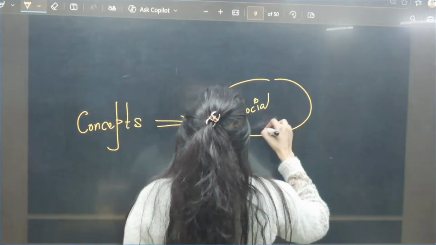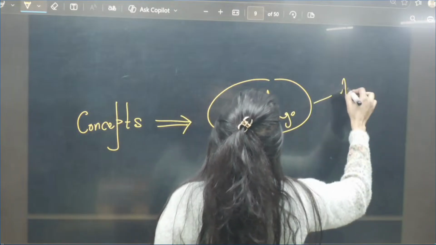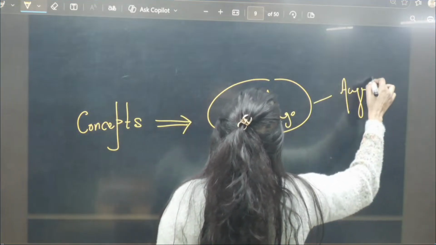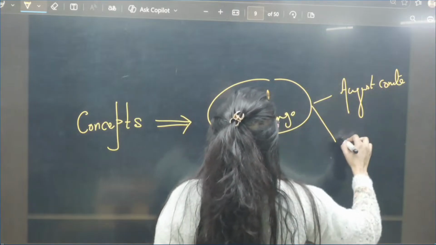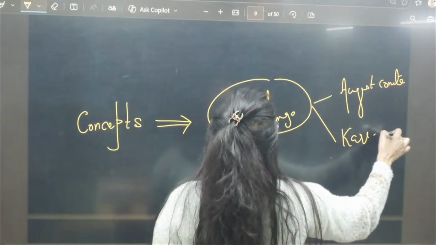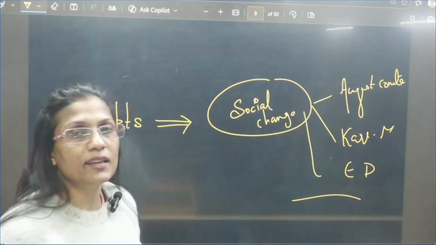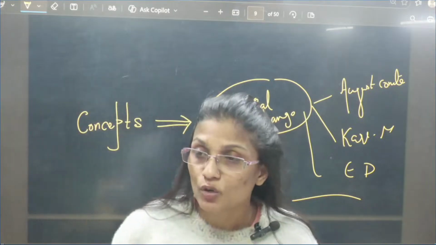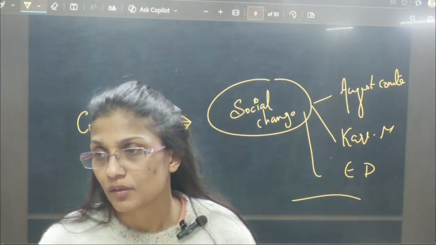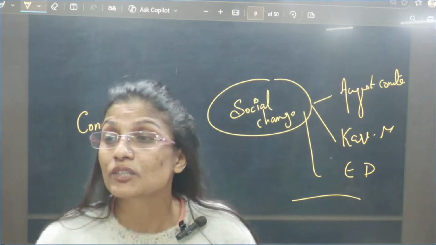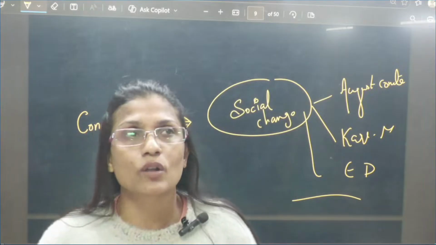In fact, the father of sociology, Auguste Comte, Karl Marx, Emile Durkheim, we do not have any sociologist who is not talking about social changes. So social change is a concept.